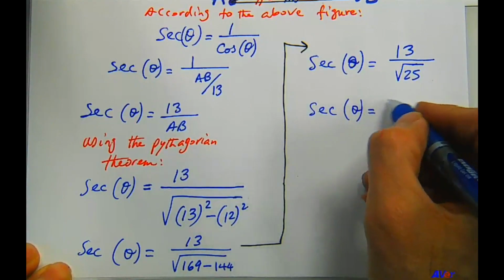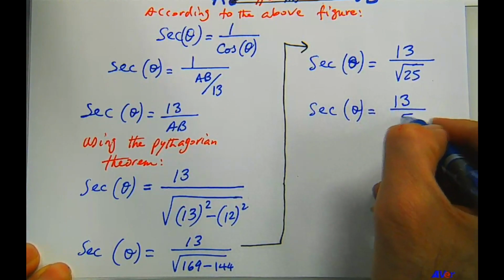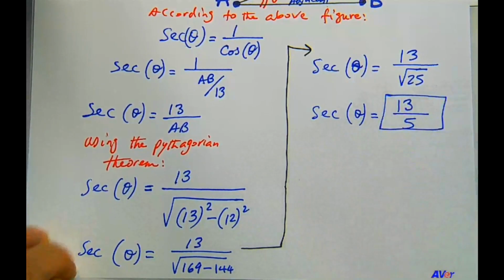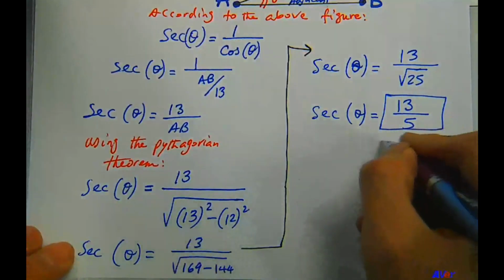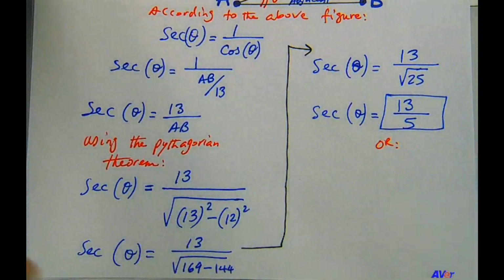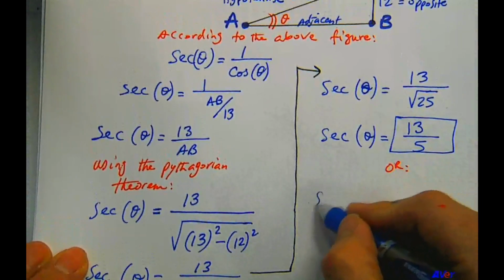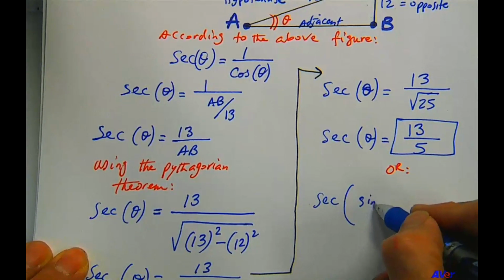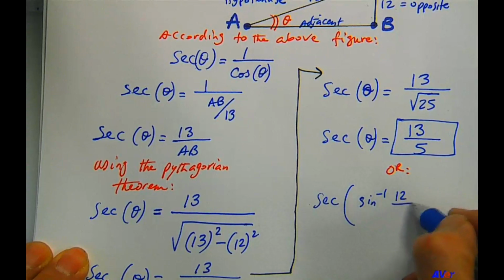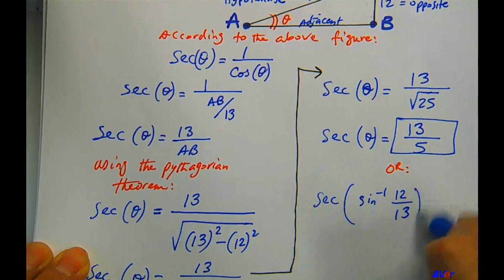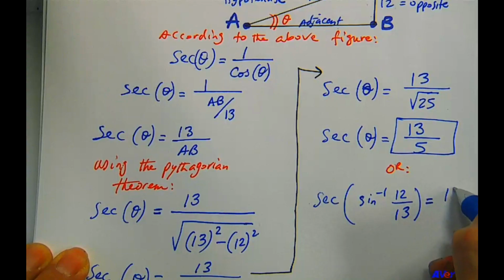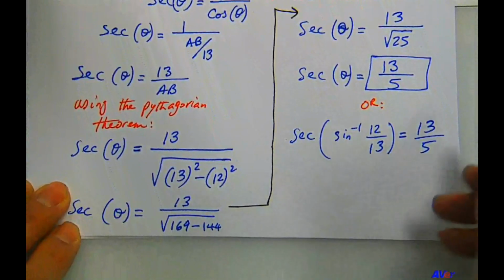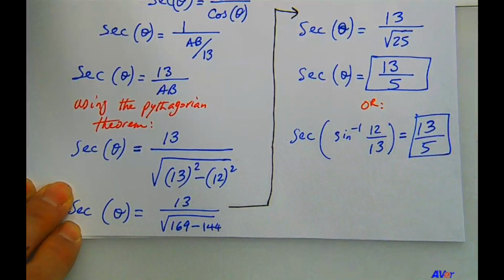Secant of theta equals 13 over 5. So you can either leave your answer like that, or if you prefer, you can just write down the original equation that we have. Secant of inverse sine function 12 over 13 is equal to 13 over 5. Like that.